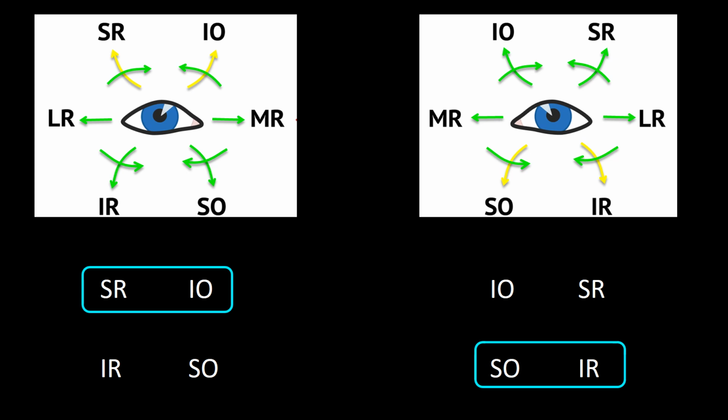So at this point, as expected, we have eliminated 4 extraocular muscles as possible culprits of the left hypertropia: the right inferior rectus, the right superior oblique, the left superior rectus, and the left inferior oblique.